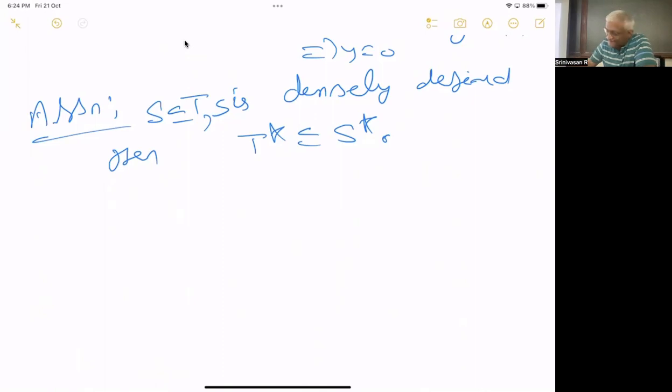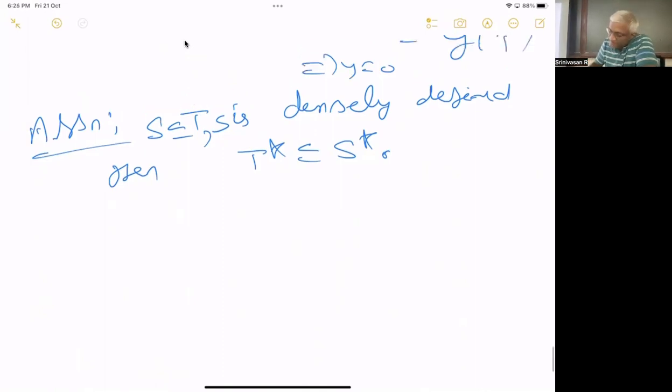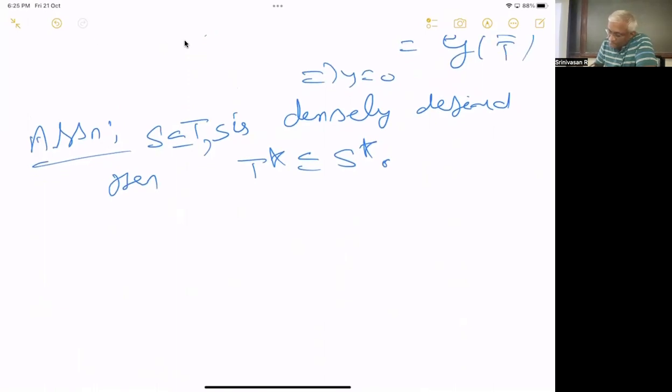So, we will continue. I was a smoker. I stopped smoking. I don't encourage smoking. I stopped long back. I used to smoke 2 packets a day, but I stopped. Not a good thing.